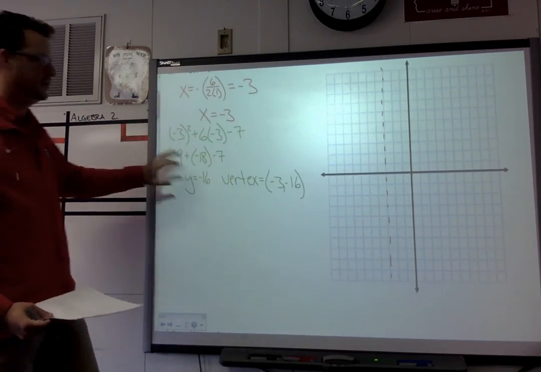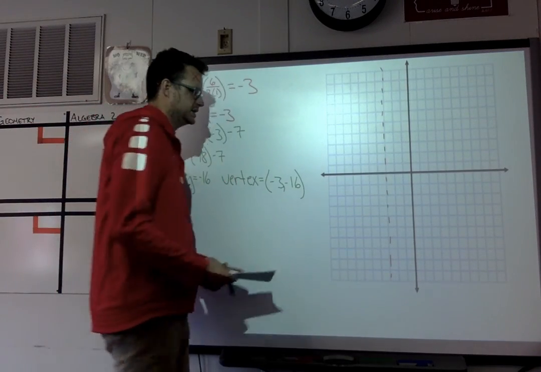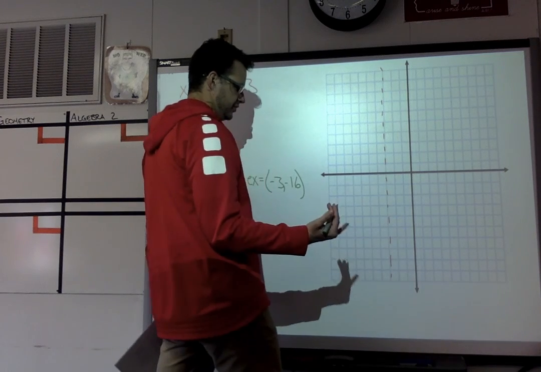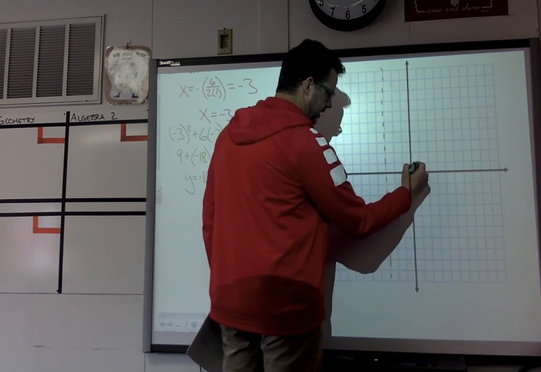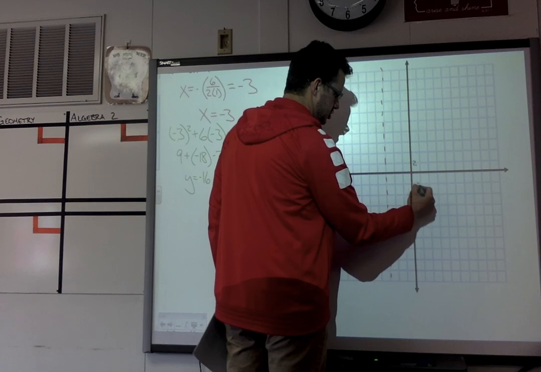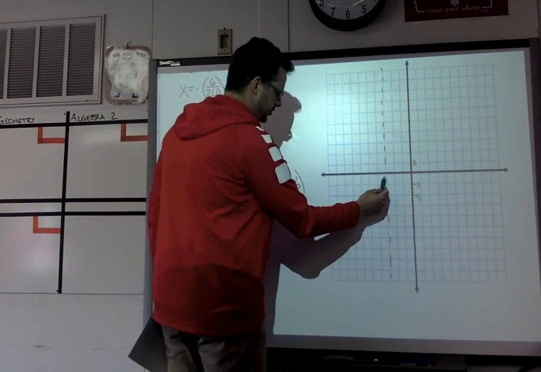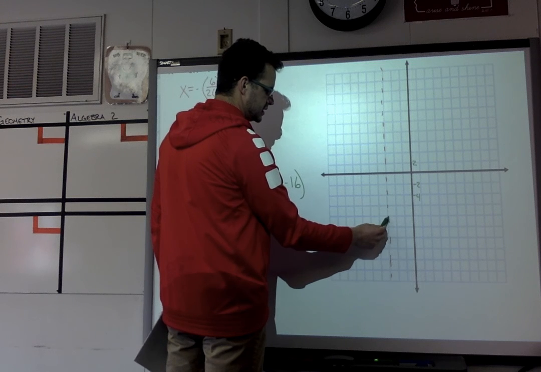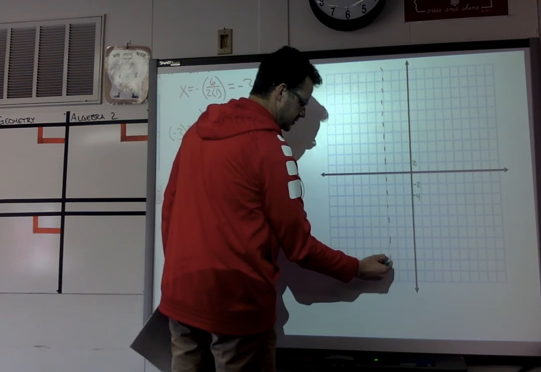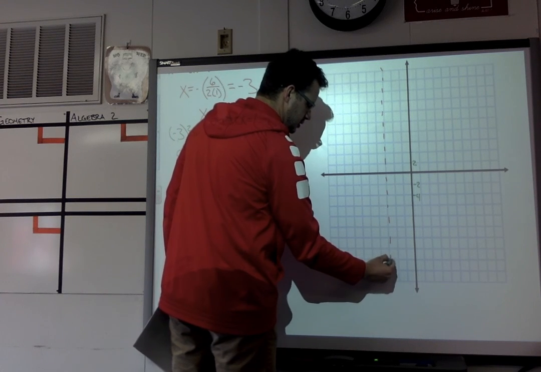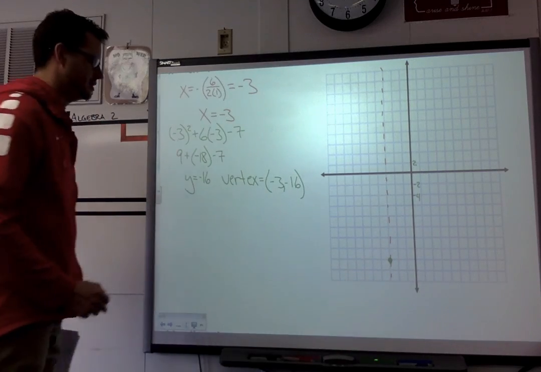Now on my graph here, I don't have 16 going down, so for my y vertex, I'm going to go by 2's. So my vertex would be negative 3, negative 2, 4, 6, 8, 10, 12, 14, 16. Vertex is right there.